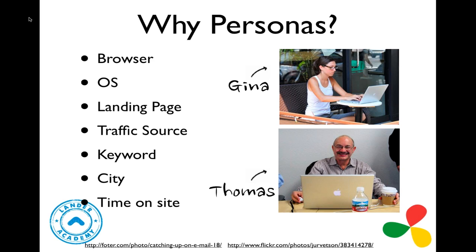That they are in the same bucket, in the same segment, in the same report, but the way that we are going to grow our business, selling to them or getting them to give us their contact data, at least, whatever, it's very different because they are different and they have an important concept, which is the mental model. They have different mental models and they are driven by different motivations.